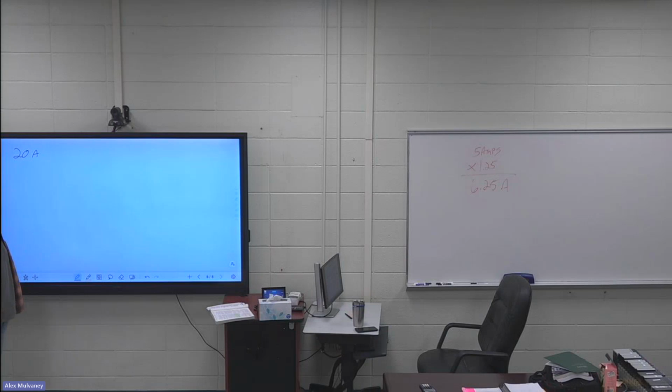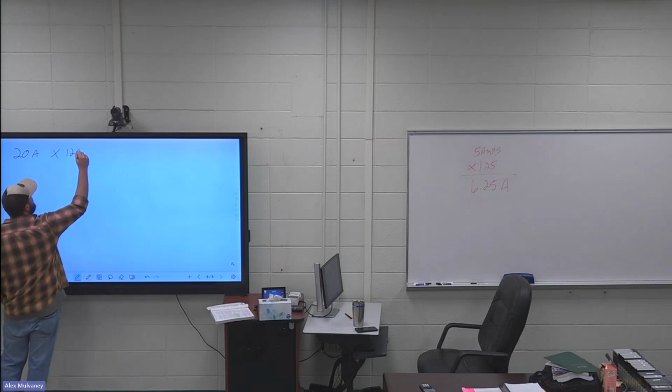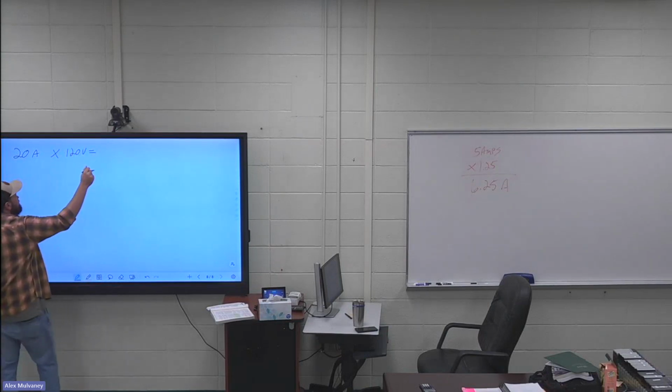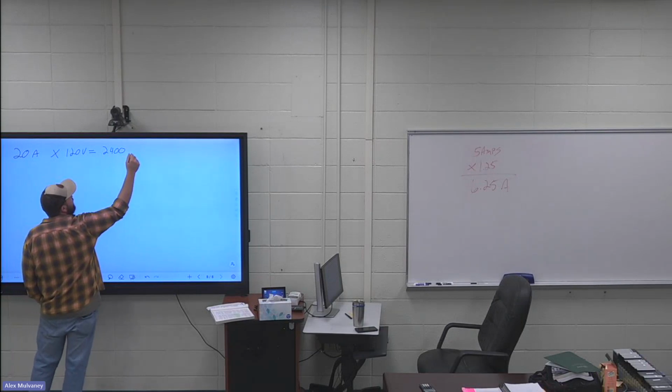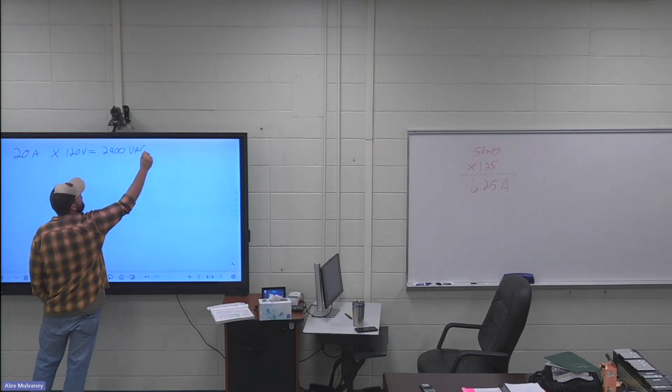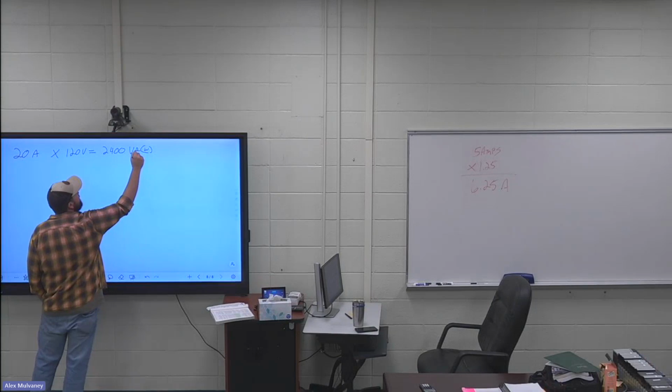How do we find that? What's our voltage that we pretty much use for 20 amp breakers? 120. 20 times 120 volts gives me how many volt amps? 2,400 volt amps or watts, right?